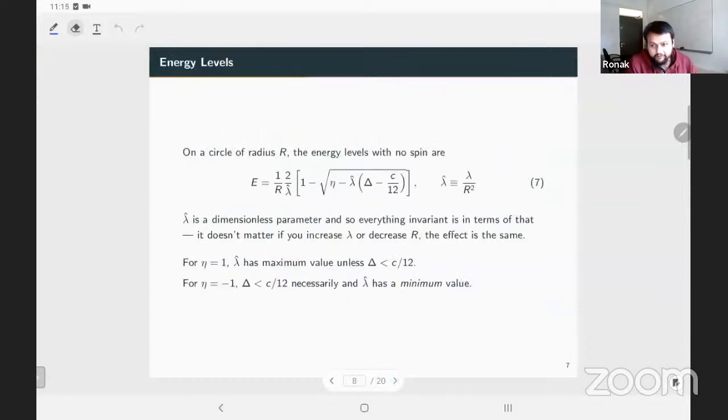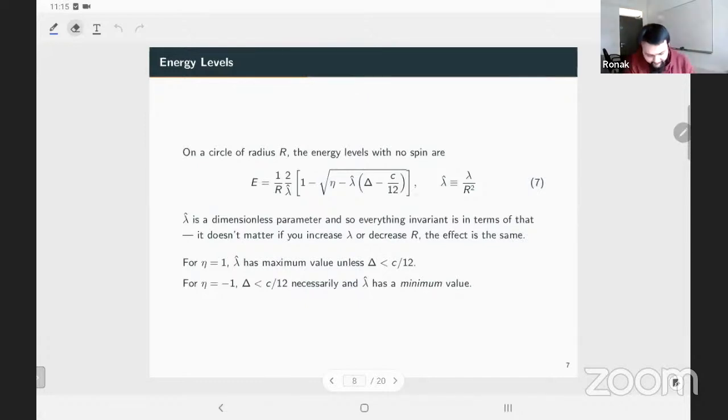Cool. And this is a solvable theory in the sense that we can find all the energy levels on a circle of radius r, and they look like this for eta. Here I have defined a dimensionless combination lambda hat, which is lambda over the radius squared. And as you can imagine, everything important is encoded in lambda hat, not in lambda itself.